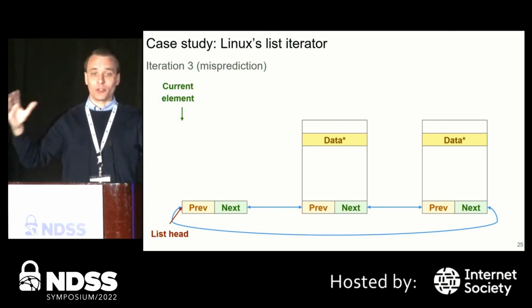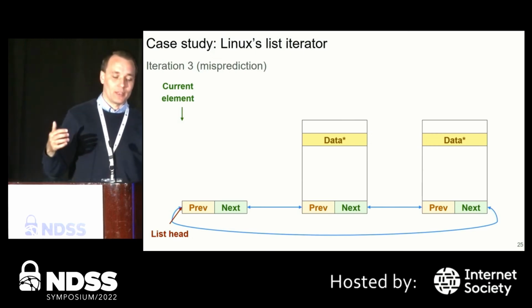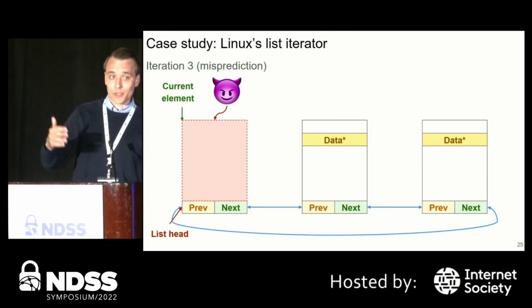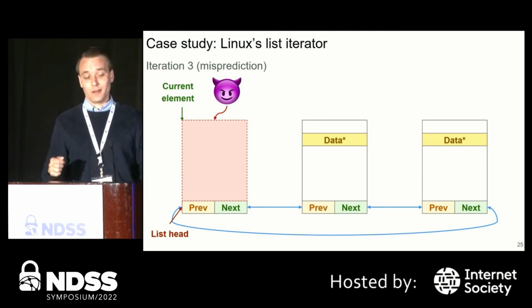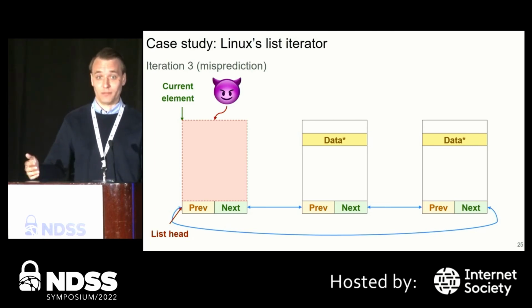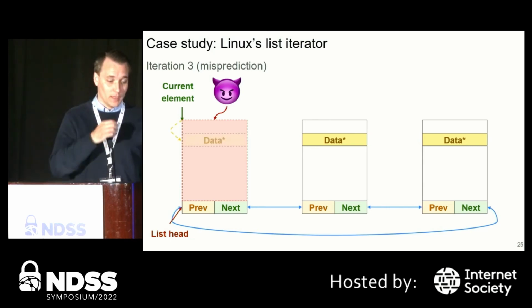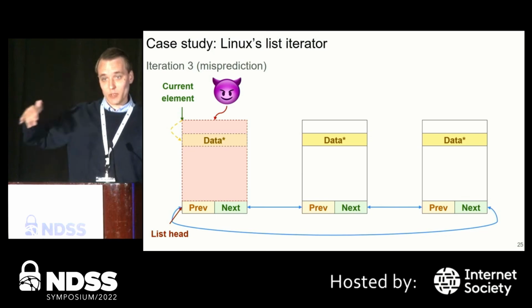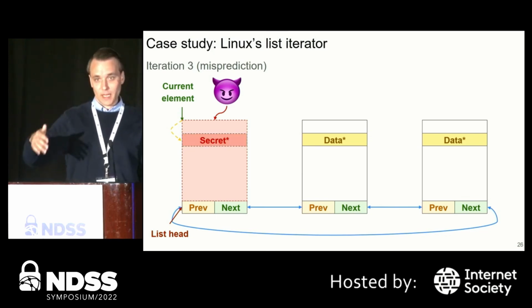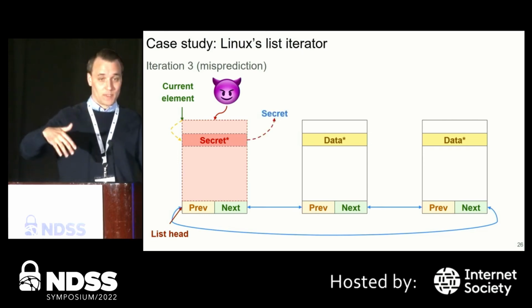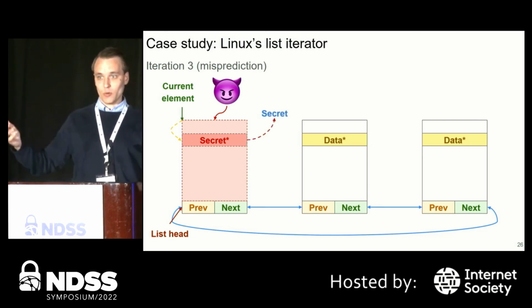That's all well and good on the architectural path, but on the mispredicted path, we assume that an attacker can insert targeted data via memory massaging. So this arbitrary data could be attacker controllable. When some data is accessed on the mispredicted path, it's actually accessing an attacker controllable pointer. So some secret is loaded that the attacker can control what it points to.